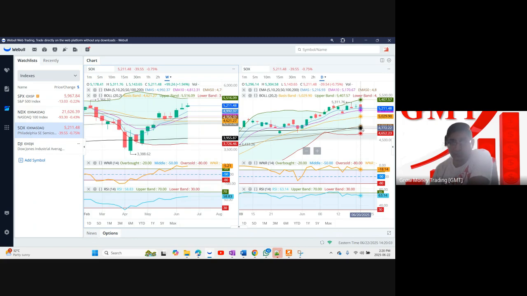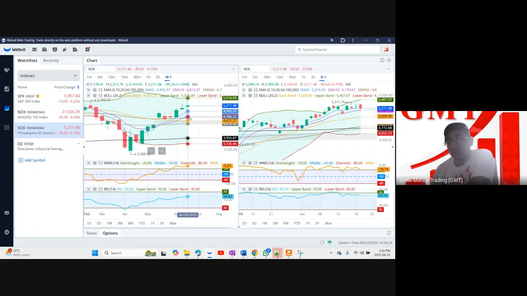And if it drops, the mid Bollinger Band level here is at 4,621. That is still higher. So this EMA here is what is indicated on the daily chart. That's the level.